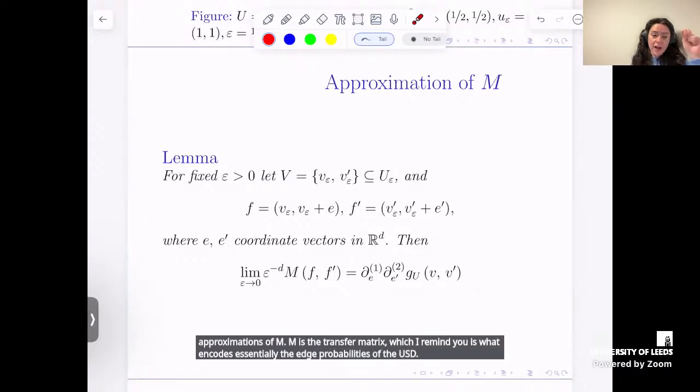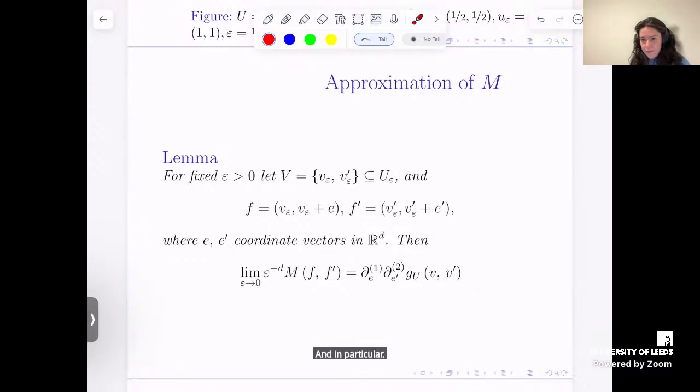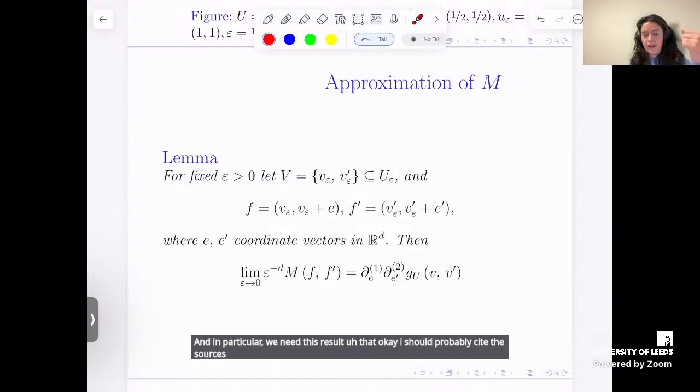And in particular, we need this result. I should probably cite the sources. I think it's proved in a 2D version by Maximilian Dürre, and I think it can be found in a paper by Cassel and Wu from 2015. Again, apologies if there are more people who prove this result and I'm not citing them. So essentially, what does this result say?